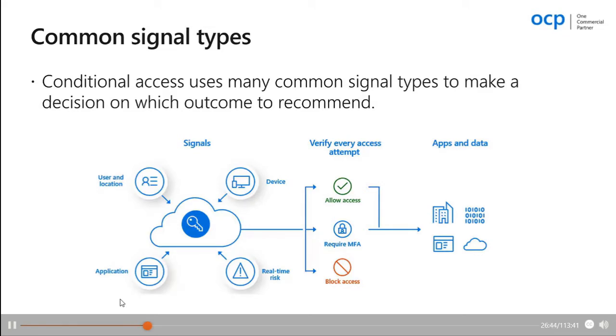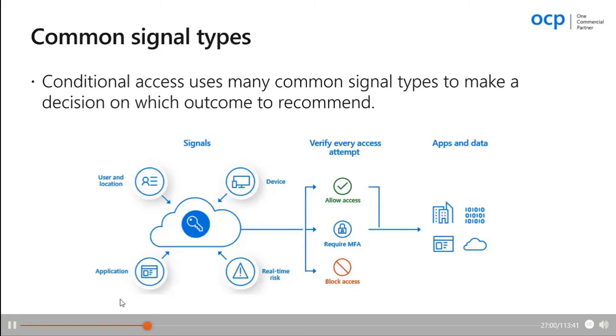So basically, I have a bunch of signals. Imagine it is inside our corp network, so I trust it, it's a company device. I'm like, yeah, just allow access, no questions asked.